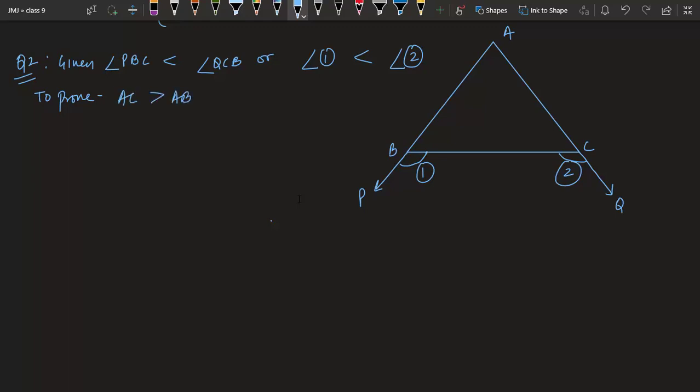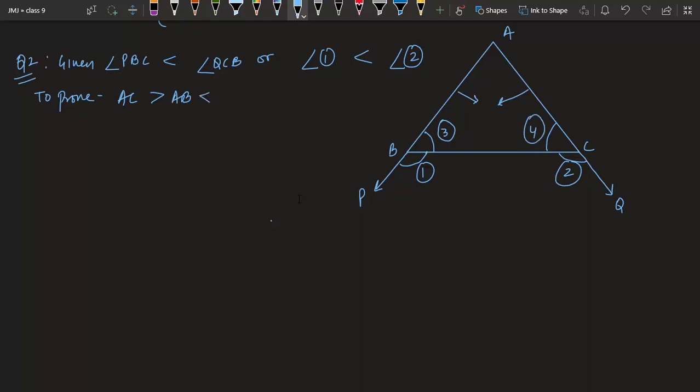Now you can see the relation is given in the lower angles, and the question wants us to prove that AC is more than AB. Now if you understand which angle is opposite to AC, this angle, suppose I call it 3, and the angle opposite to AB is angle 4. Now what comes to your mind?